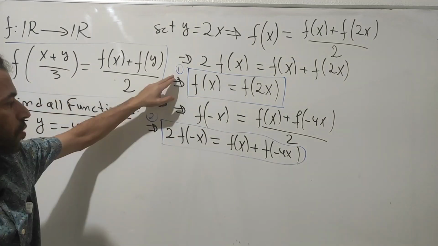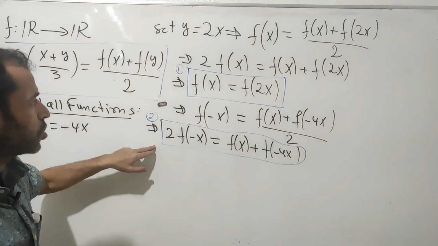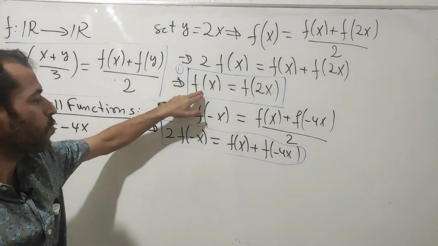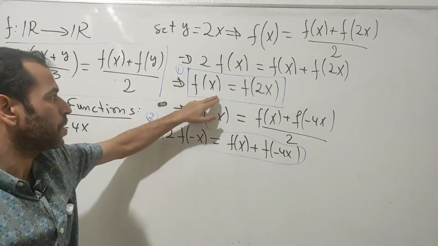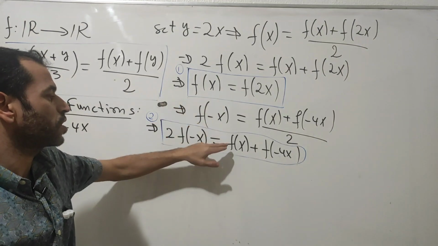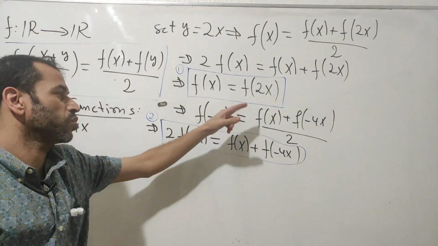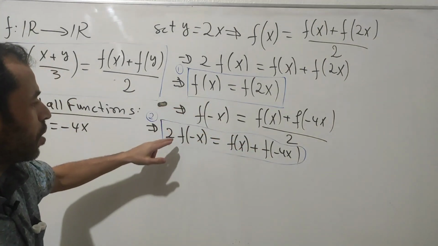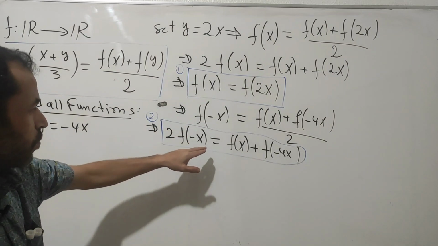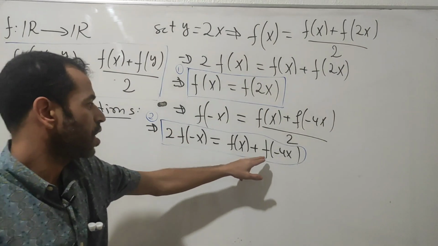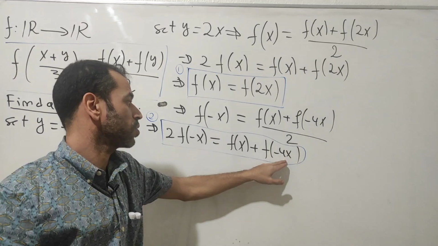If you look at the first and the second equations, we have f of x in both statements. But if I cancel f of x, it is not going to take me anywhere, because I will have other unknowns: f of minus x as well as f of minus 4x, which is no good.